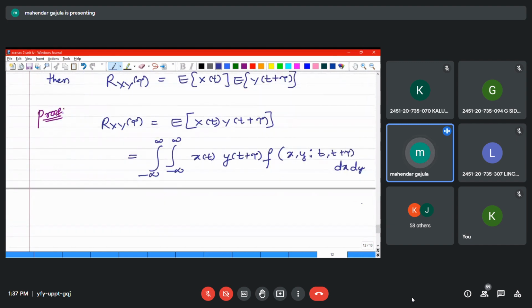When two random variables are independent, then how can we write this joint density? What is the independence condition? Multiplication of individual density functions. Am I right?